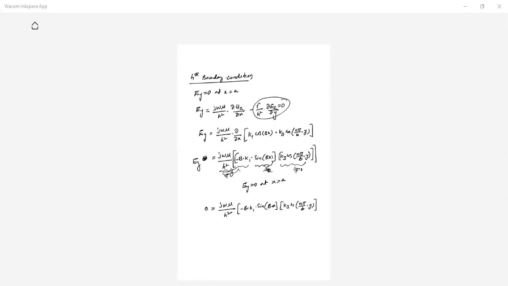So this is 0, this is non-zero, this is also non-zero, so only this term is 0. So sin of ba is equal to 0. From this you can write ba is equal to m into pi, m is an integer.